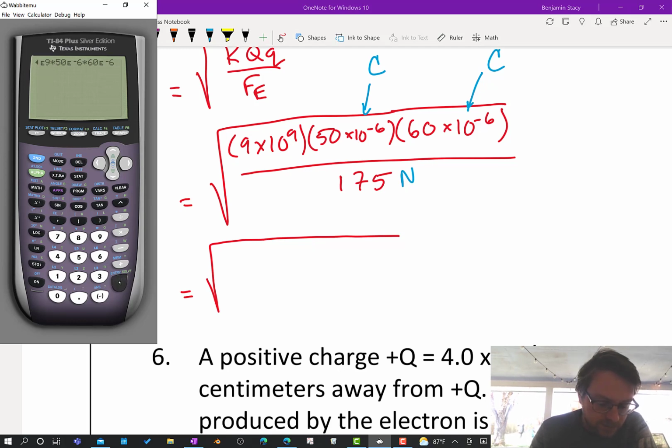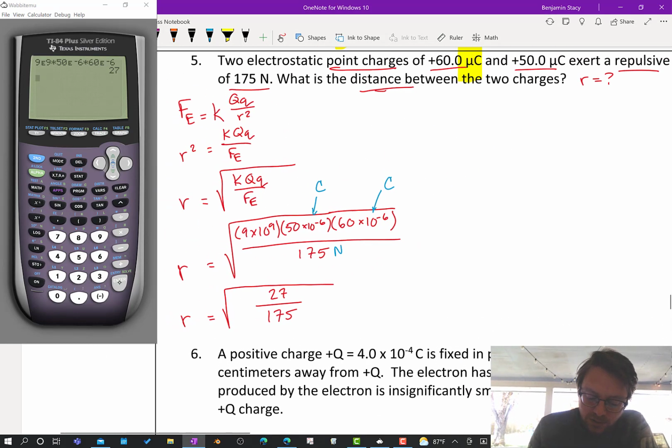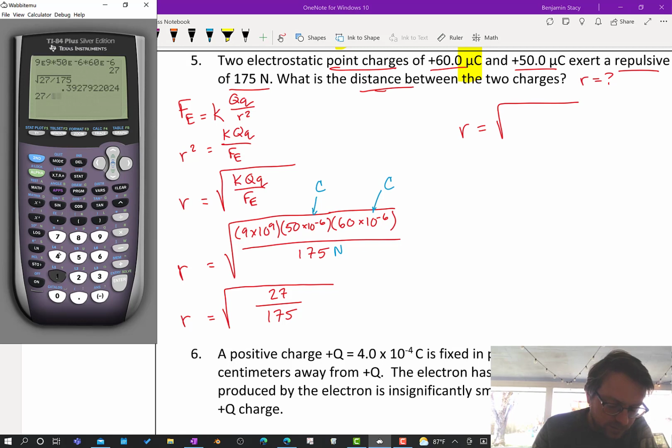It's a good way to get it messed up. 27. That's a nice answer. 27 over 175. Oh, never mind. That's not a nice answer. I could put this in right away. 27 over 175. I get 0.39. Let's check it with 27 over 175.